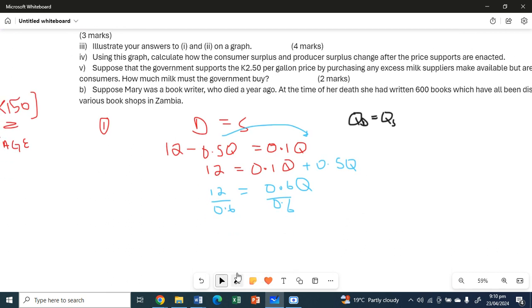So Q is 20 million gallons of milk. This is the quantity demanded, and this is the quantity supplied at equilibrium. Any questions, colleagues?